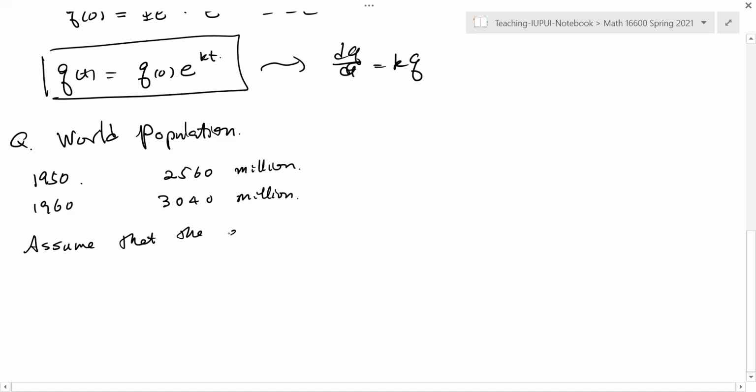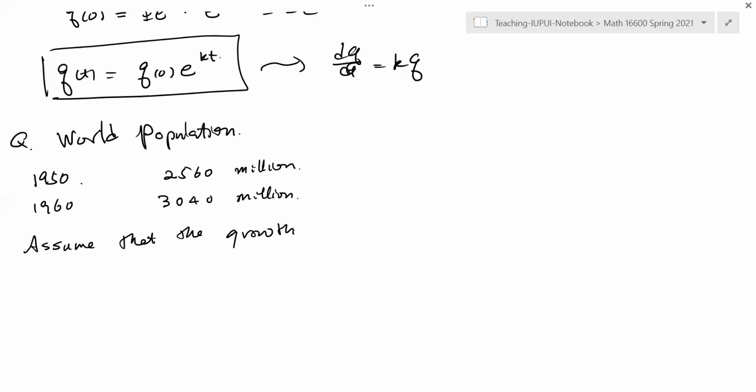We can use our formula to predict the population, for example, in 1992 or 1991. Then you check the data. They find out the population we calculate in mathematics matches the actual data. Then you say, okay, indeed, this is a correct assumption. And then we can predict the population in 2020 or even 2040.